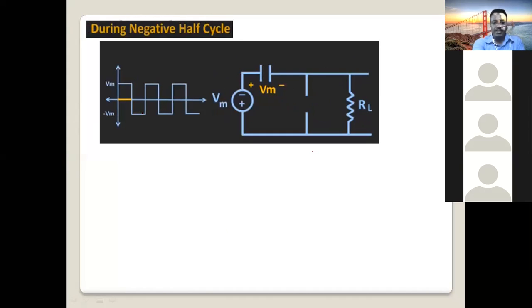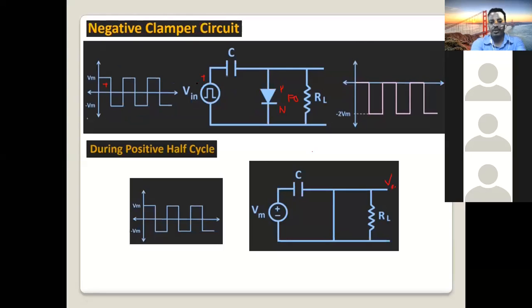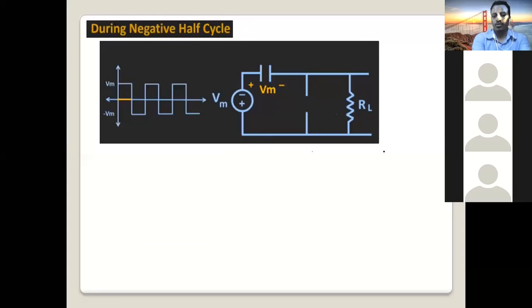Now, when the input is negative, what will happen to the diode? When input is negative here, the negative half cycle, this is negative, this is positive. Now negative is connected to P side, so it will be reverse biased. Reverse biased means our diode is off. As you can see here, it is off.